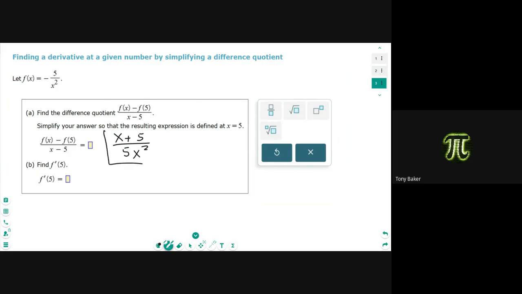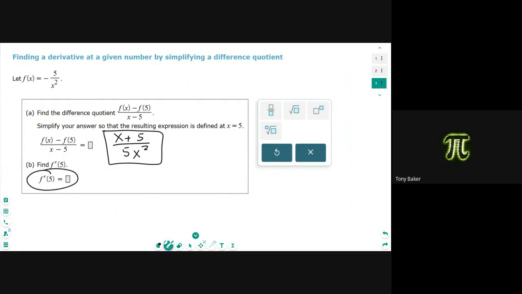This right here is the derivative. That is the slope when x equals 5. Okay, that is the equation for it. Here, you're going to plug in 5 and get the answer.